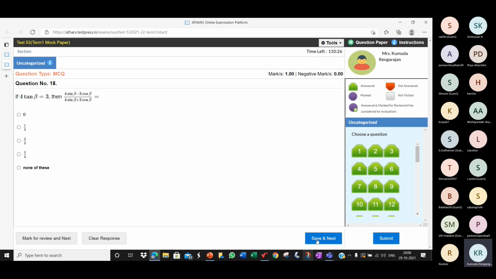You can also divide the numerator and denominator by sine beta. Then you'll get 4 minus 3 cot beta by 4 plus 3 cot beta.